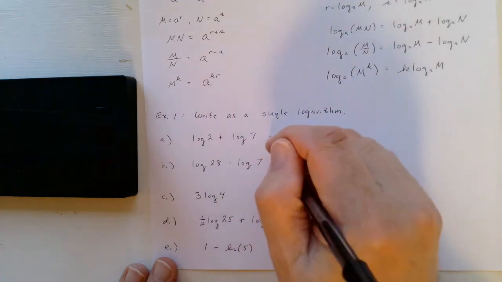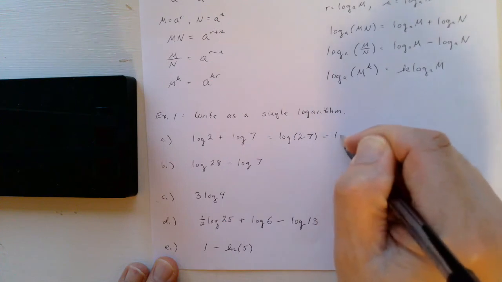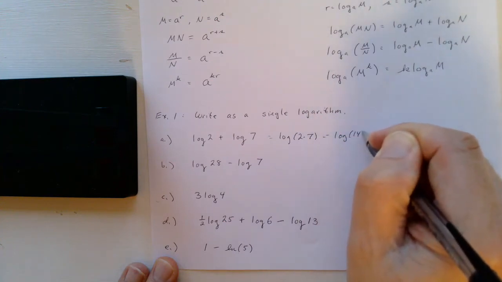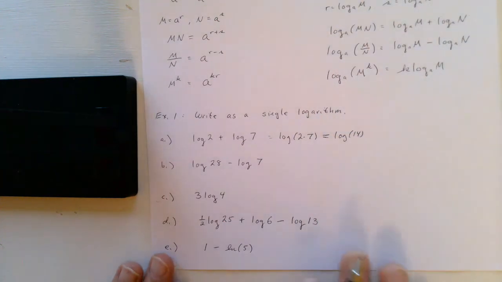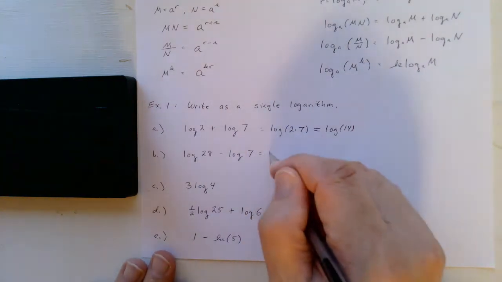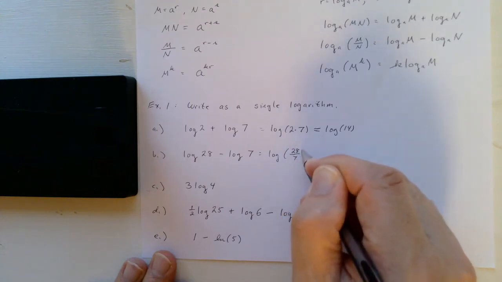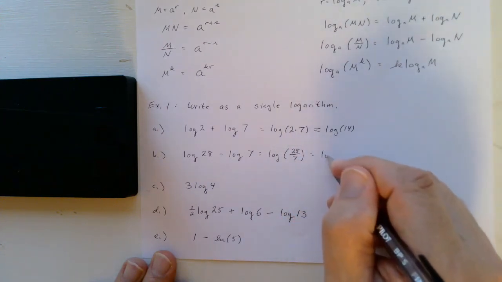They're common logs, so this is the log of 2 times 7, which is the log of 14. Here we have the difference of two logs. This is going to be the log of 28 divided by 7, and that's the log of 4.